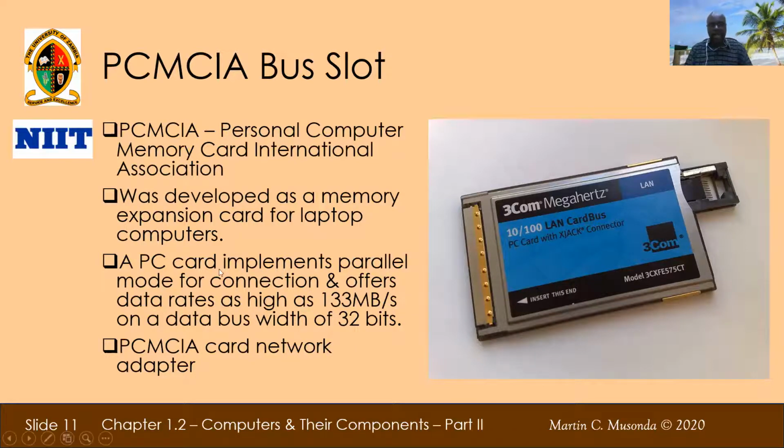A PCMCIA card implements parallel mode for the connection, and they offer data rates of up to as high as 133 megabytes per second on a data bus width of 32 bits. This is a PCMCIA card for a network adapter. There were other types of adapters available.